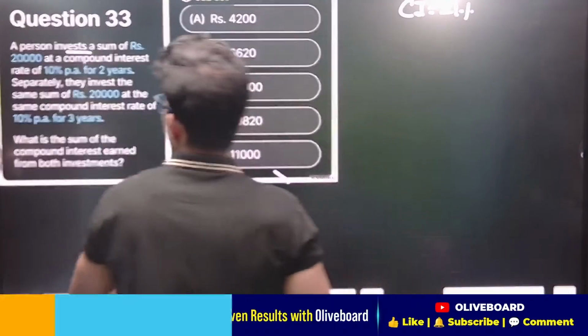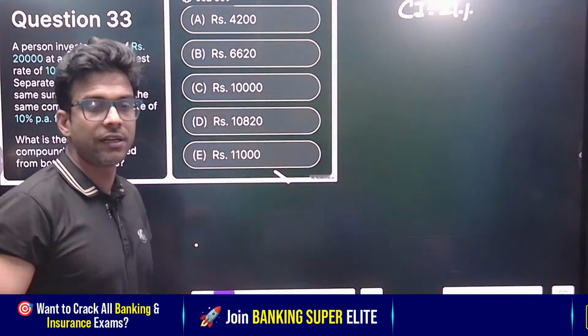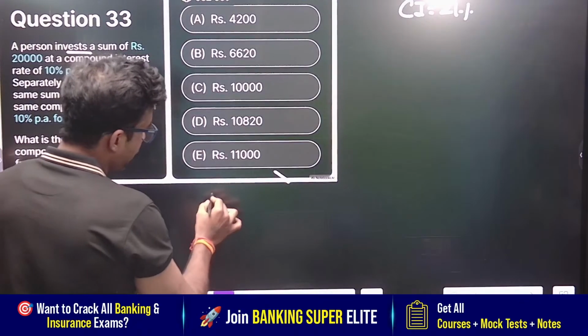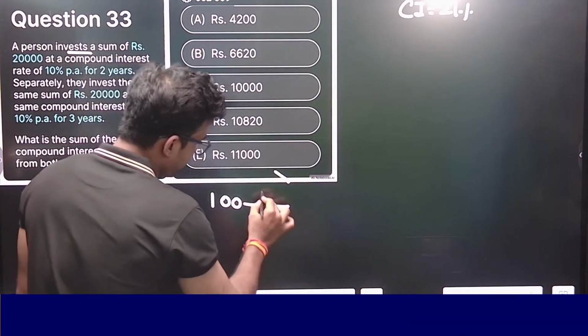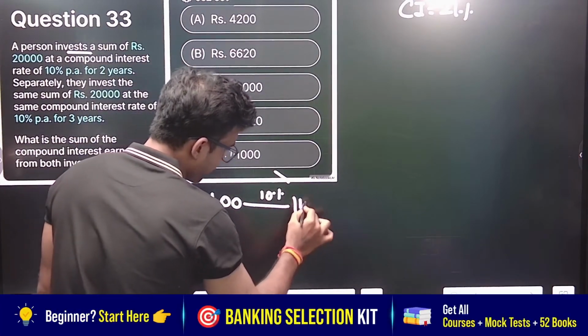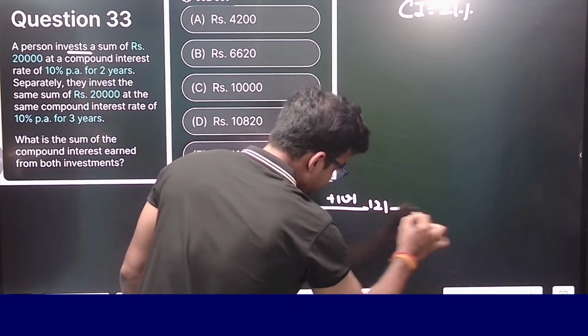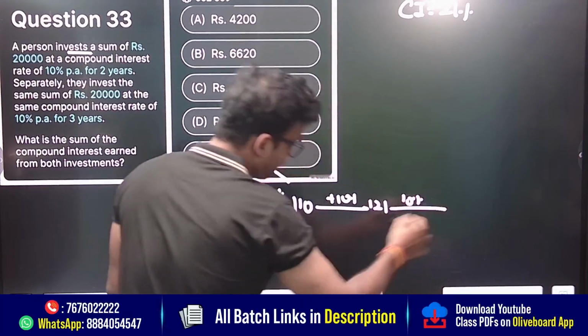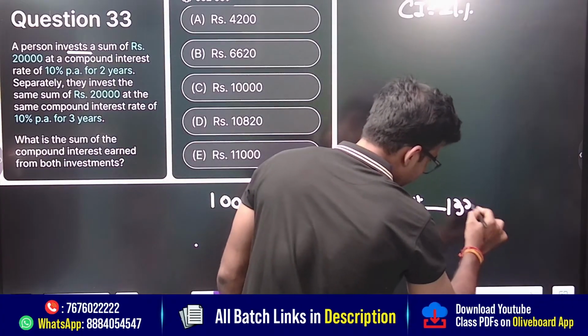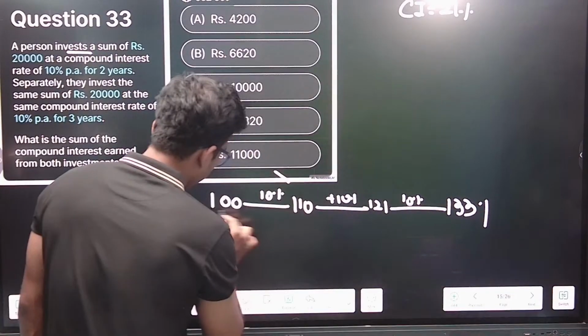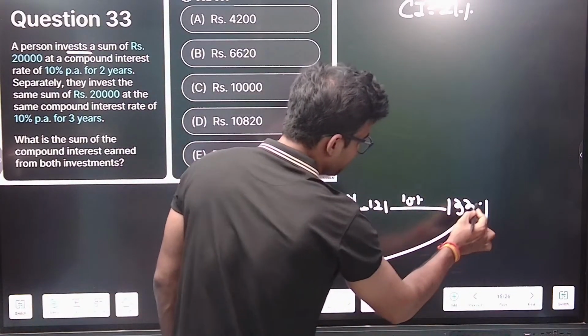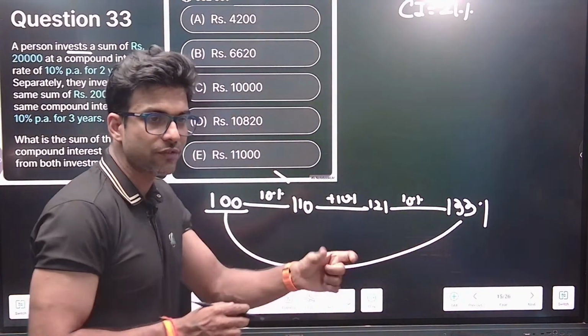Now some of you might have a hurdle in figuring out 3 years. Now guys, see, if you take 100 and increase it by 10%, it becomes 110. Increase again by 10%, it becomes 121. Increase again by 10%, you add 12.1, it becomes 133.1. So basically from 100, after 3 years it's a change of 33%.